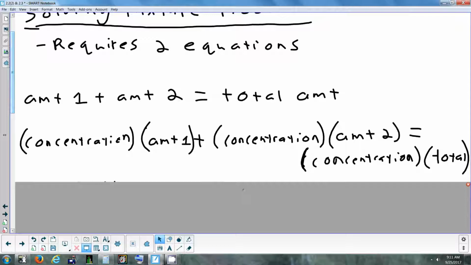So maybe it's a 15% concentration in one solution. The only thing you want to remember is to change it to a decimal. Then they'll give you a concentration for your second liquid you're mixing in, and as I said before, a concentration for the total. When you mix it together, how strong do you want the solution to be, and how much of the solution do you want?